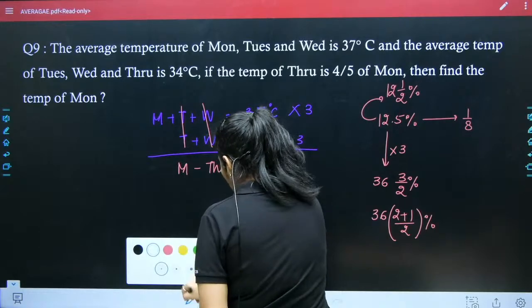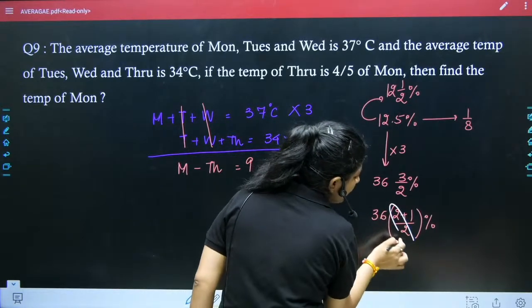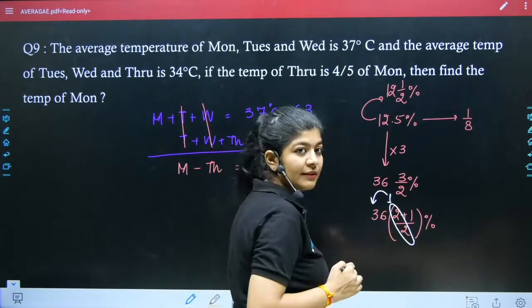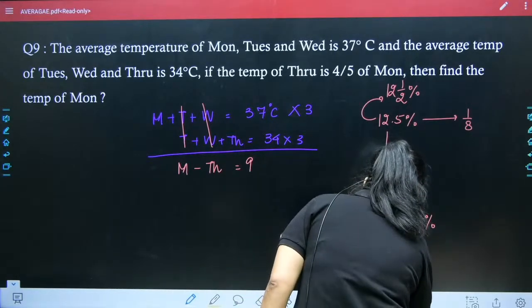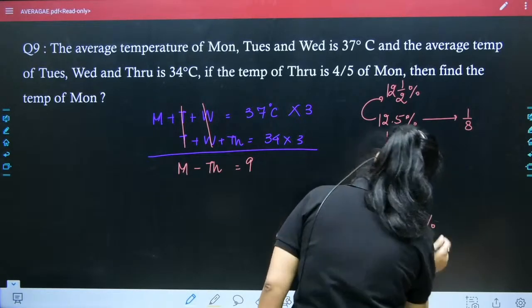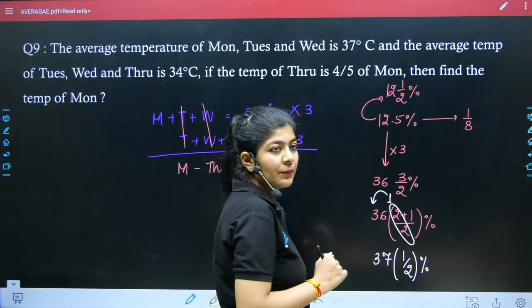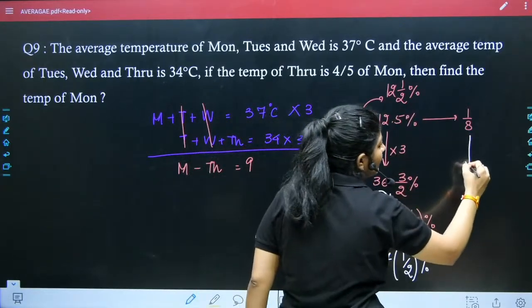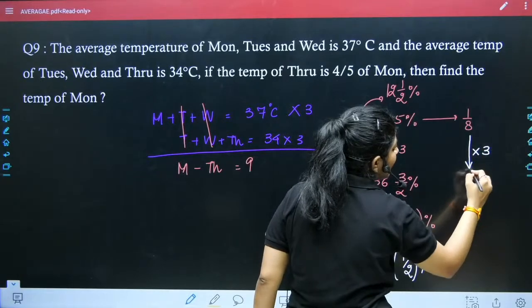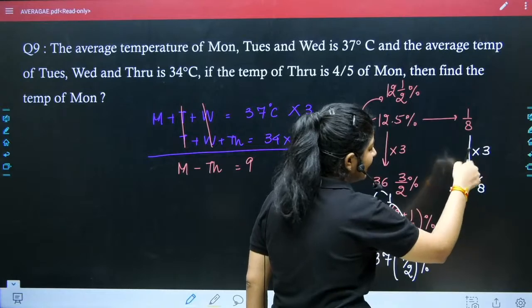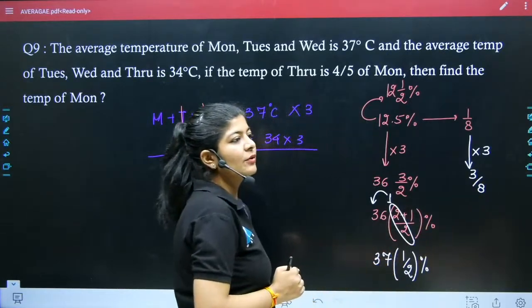And we know 2 by 2 will give 1 over here, and this will shift in this pattern, and we can say 37 1 by 2%. If I multiply this side by 3, I have to multiply this term by 3 also, and I'll get 3 by 8 as my answer. And I can write 3 by 8 as 37 1 by 2 in the fraction.